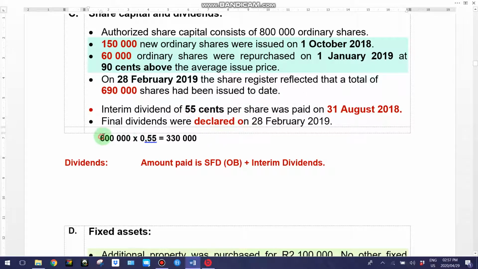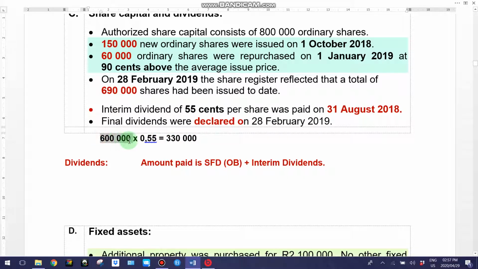Then you need to establish how many shares are getting this dividend, and you have to use 600,000 here. Just be careful. You see the information that they gave you, and the closing balance number of shares is 690,000. It's a common mistake where learners take the wrong number of shares to work out this interim dividend.